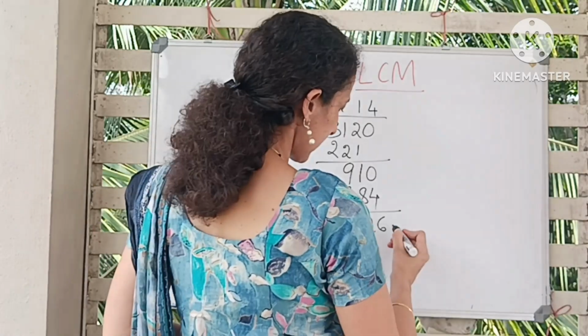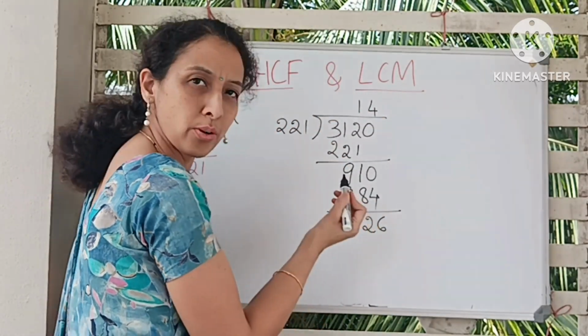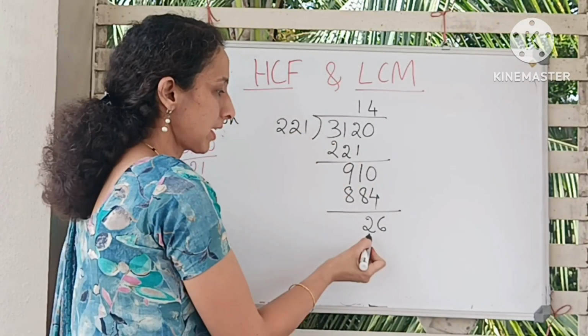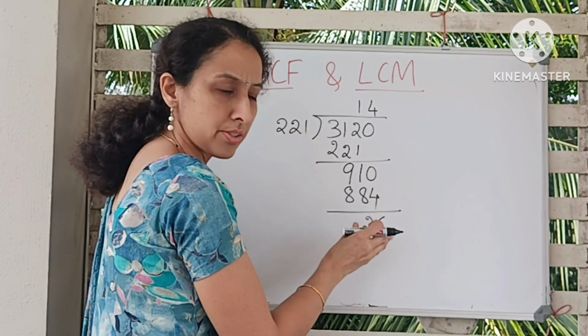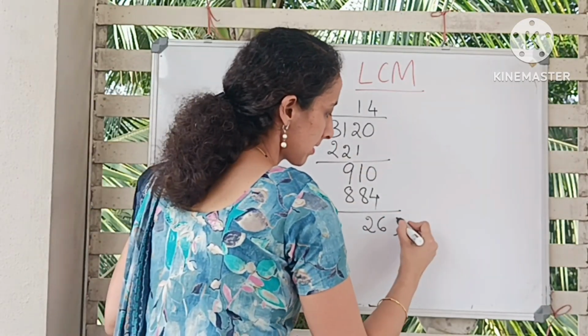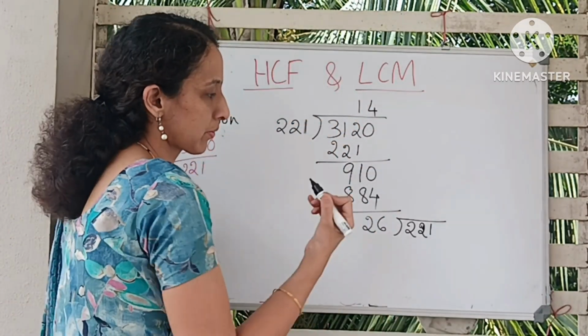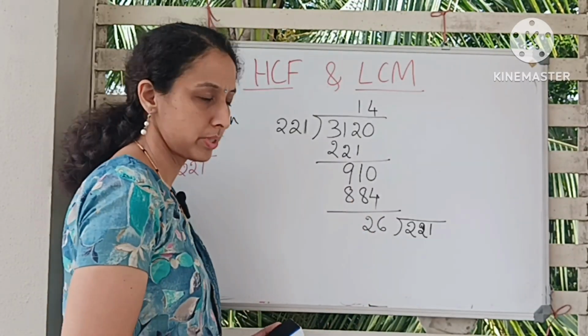So we found 26. Now once we divide this and find the remainder, we take this as the new divisor and the old divisor as the dividend. That is 221 comes here and 26 is the new divisor.